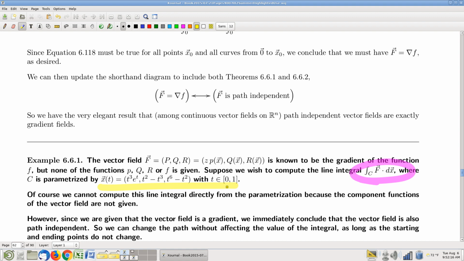Now, it's tempting to say I couldn't possibly, because I don't know what the vector field is.